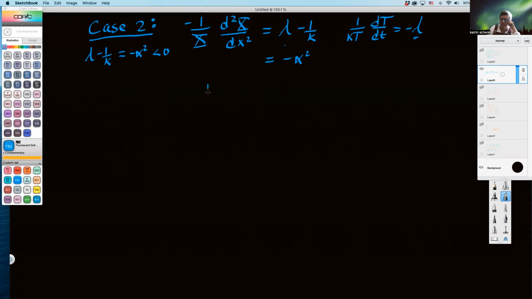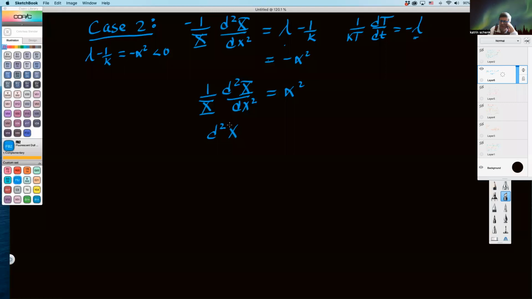So I get 1 over big X, d squared big X over dx squared is equal to alpha squared. And so let's solve this equation. I'm going to put it in a better form: d squared X over dx squared is equal to alpha squared times capital X.